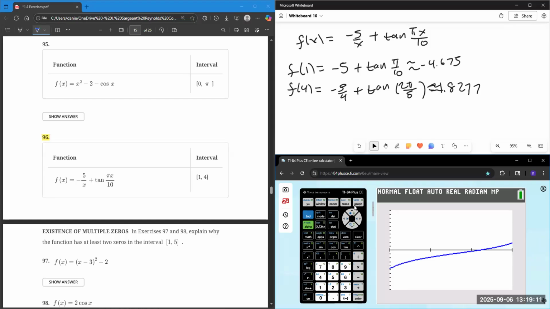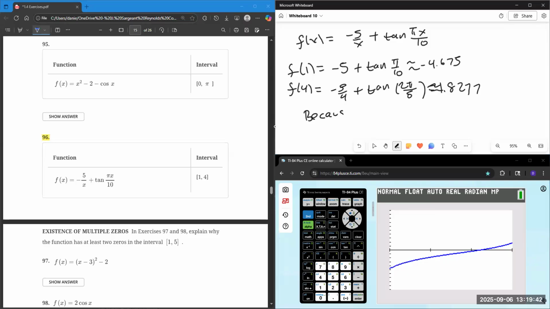And it's smooth and continuous. The only problems here are going to be 0, which is not in my interval, or tangent of pi over 2, so when x is 5, which is not in my interval either. So we're good.